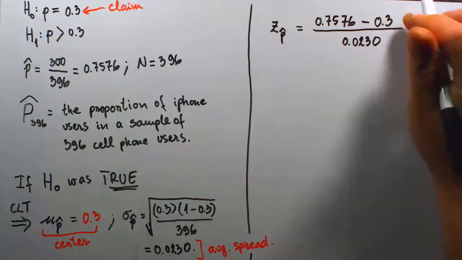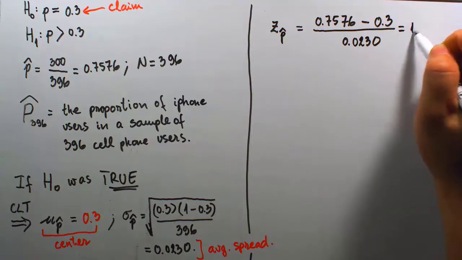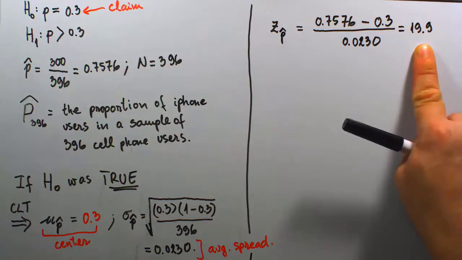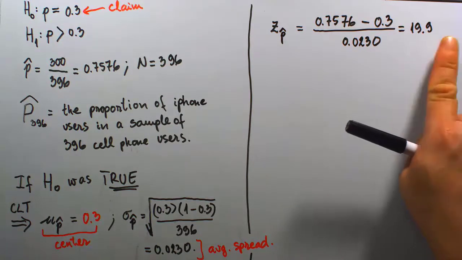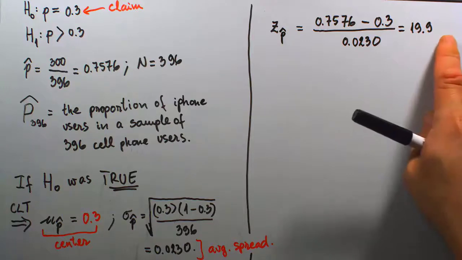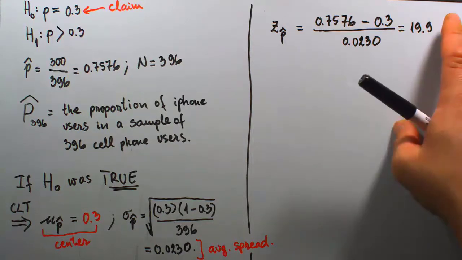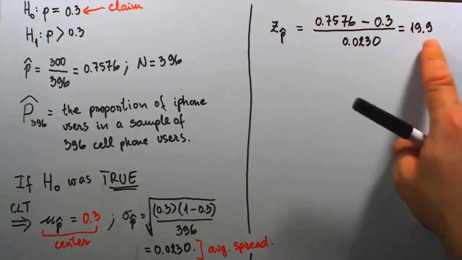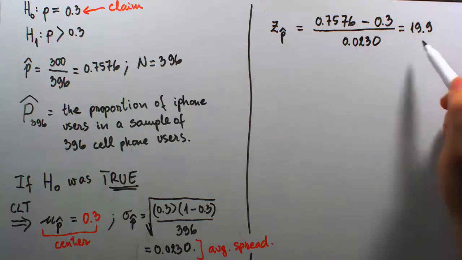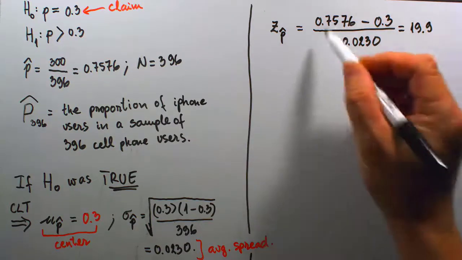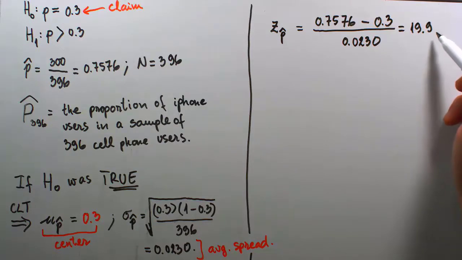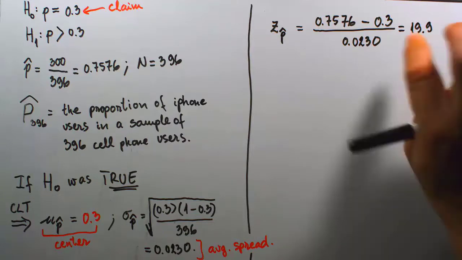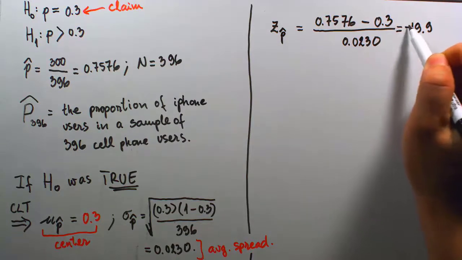And so the calculation came out to be 19.9, and I actually explained earlier in our step-by-step instruction that the actual calculation came out to a much longer decimal expansion, but unless specified otherwise, normally I would go with just 2 decimal places. And in our case here, for this z-score, rounding to 2 decimal places forces us to round down to only 1 decimal here. And further, this is a positive z-score.